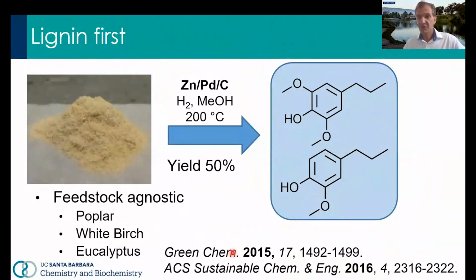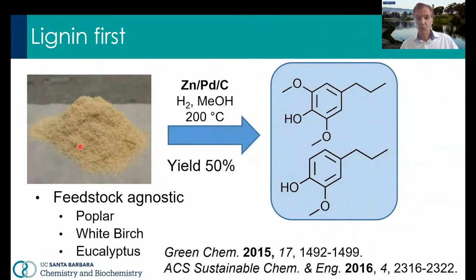We were very fortunate to be among the very first groups to look at this reductive catalytic fractionation, and we published our early results in 2015. You could start with the lignocellulosic biomass and, in a pressure autoclave reactor at 200 degrees, use different metal catalysts. I'm going to show you here the data for zinc palladium on carbon with methanol as a solvent.